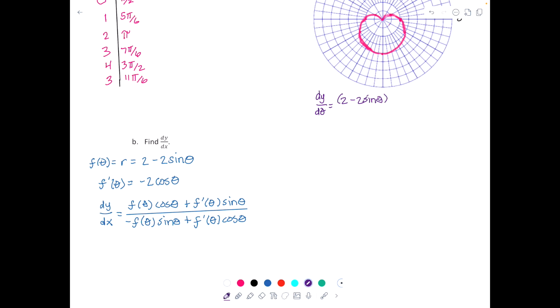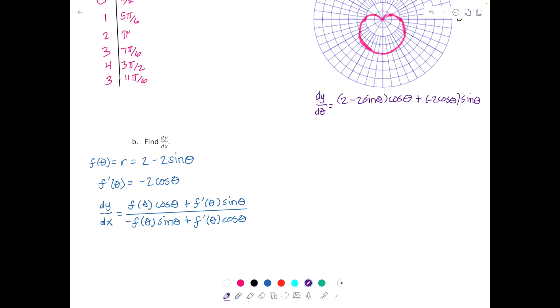And then times cosine theta. And then we had plus f prime of theta, which was negative 2 cosine theta times sine theta.